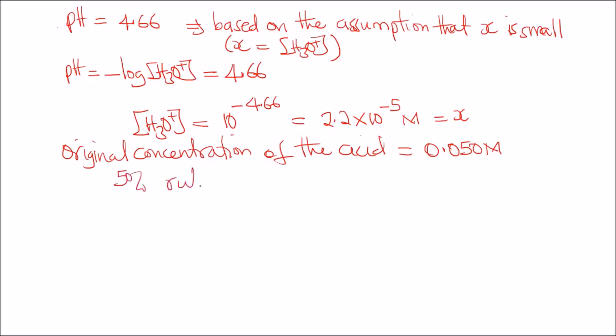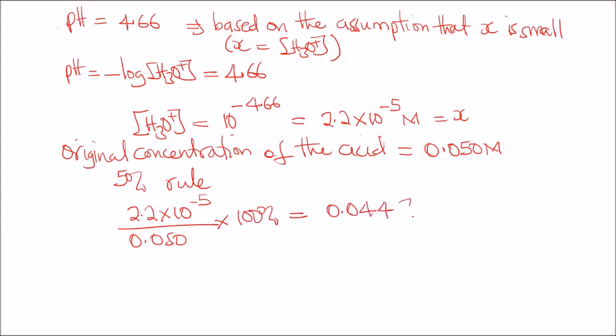So we use the 5% rule, which means here 2.2 times 10 to the power negative 5 divided by 0.050 times 100%. This gives us 0.044%.